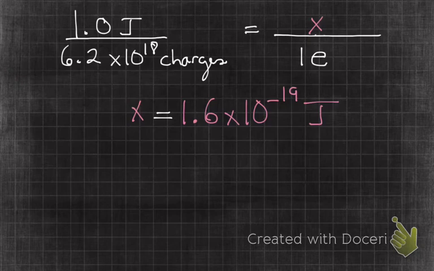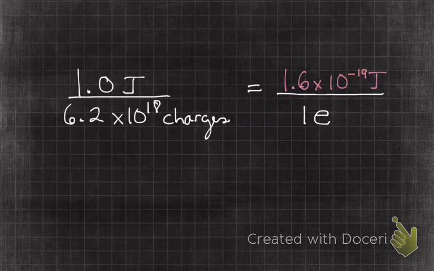When we do the calculation, we get 1.6 times 10 to the negative 19 joules. So that means that 1.6 times 10 to the negative 19 joules is the amount of energy that was transferred per charge by a battery. That is 1 volt.